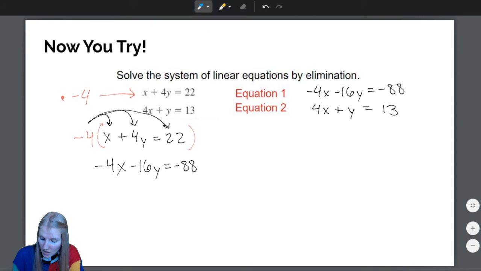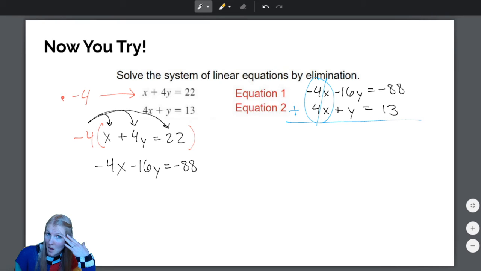Because now, we know this. We did this yesterday. The negative 4x and the positive 4x cancel when I add the equations together. So negative 4x, positive 4x is gone. I am left with negative 16y plus y.